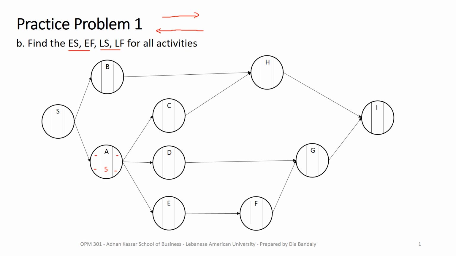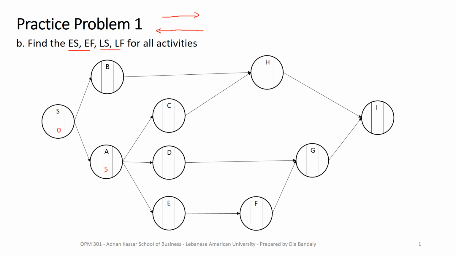And let me just clean up what I have here so that you don't get confused when we start typing the answers. Okay, how do we start a forward pass? You remember we set the early start of the starting node to be equal to 0.